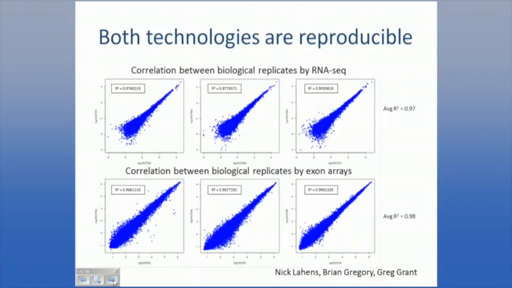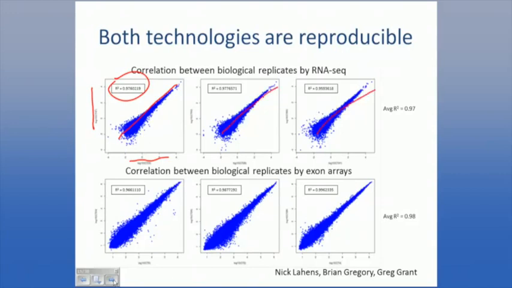So here are the comparisons. On the top of the slide, we have RNA sequencing, and this is replicate 1 here and replicate 2 here. If you look at all the genes that are expressed in this particular tissue, liver, and you do an XY plot, you can see that there's extremely good reproducibility between sequencing, an R-squared value of 0.98. And this is at one time of the day.